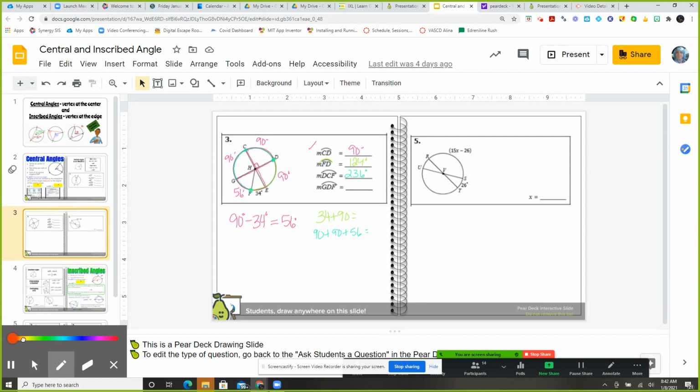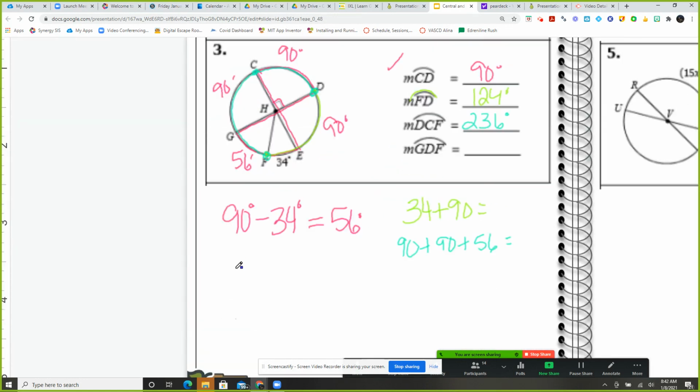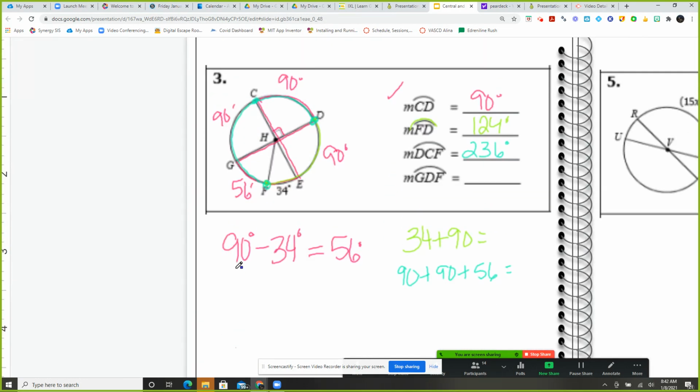And then same thing for that last one, G to D to F. The thing to remember is to go from G to D and then to F without backtracking. So G to D to F. I can't go past F to get to D, so I've got to go this way.